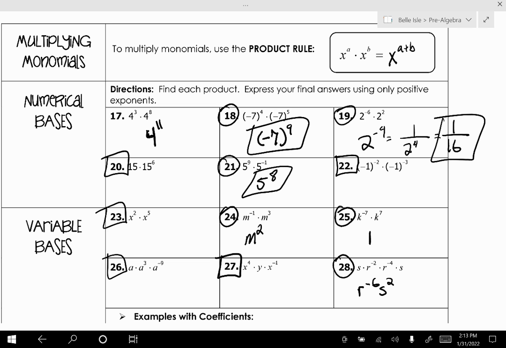So can you name 3 things that you use in your everyday life? Yes. What's the question for 27? X to the 4th times y times x to the negative 1st.